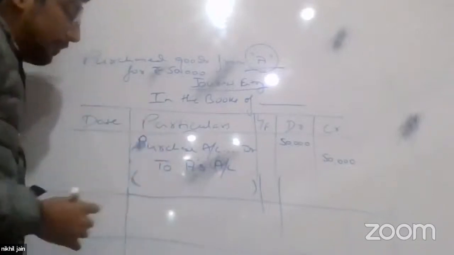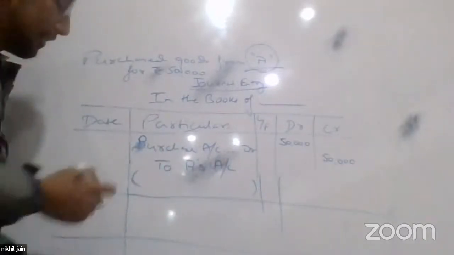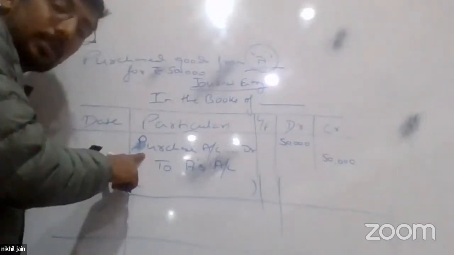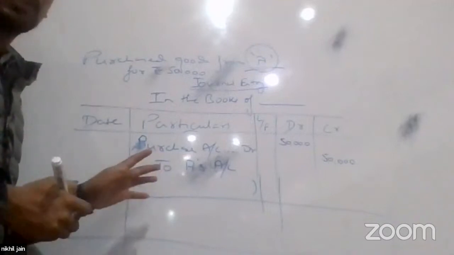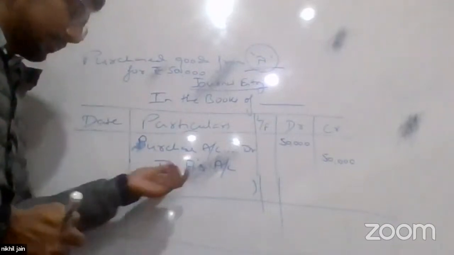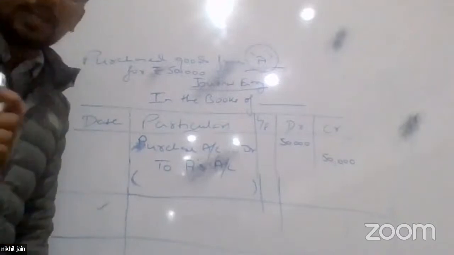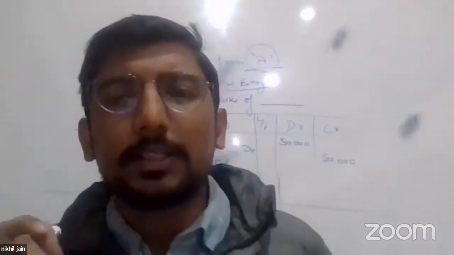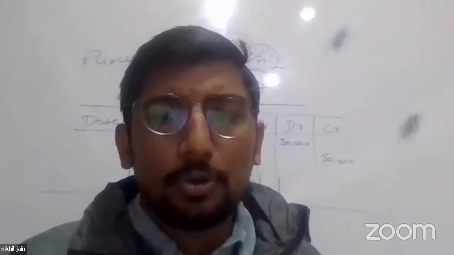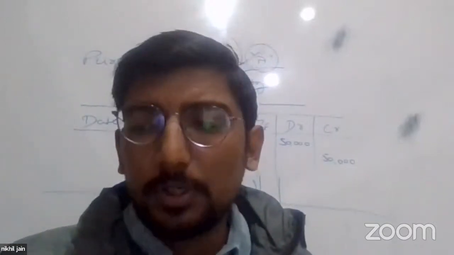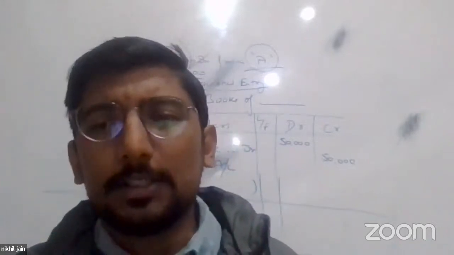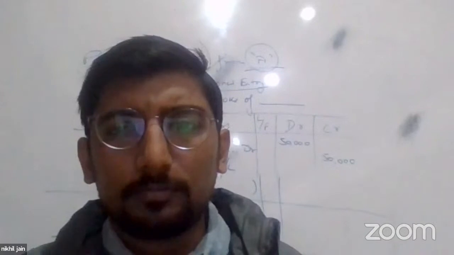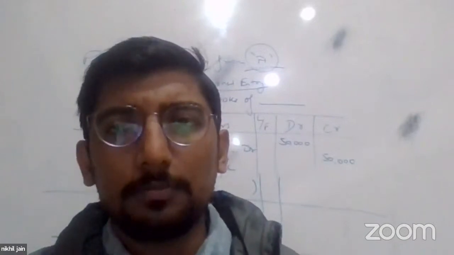Always we will start with a capital letter, either in debit or in credit. Wherever we record the transaction and write the particulars, we have to start with a capital letter. Never use a small letter. It is again not a good way to record. So these are the basic precautions that we have to take while passing journal entries. Okay, is it clear to all?